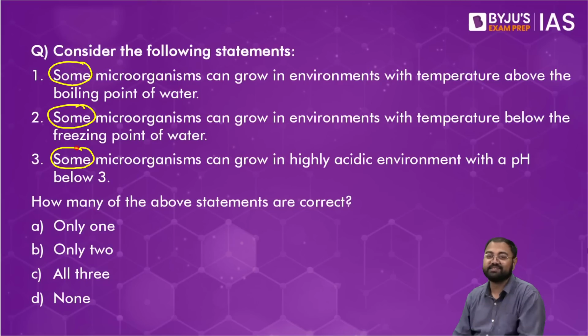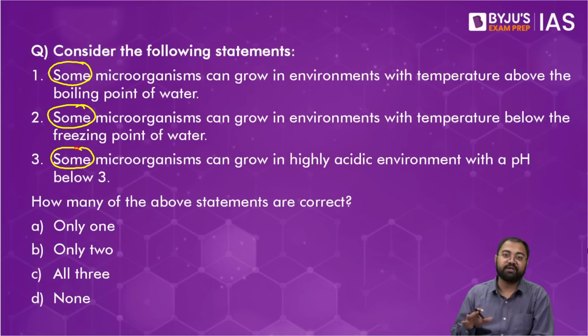Unless you know for sure that this is a very exceptional case and a microorganism cannot at all exist in such an environment, you would have something that will always exist. For example, forget about above the boiling point of water, we have found microorganisms that live near a volcano, so obviously they can live above the boiling point of water. Some microorganisms grow in environments below the freezing point of water.